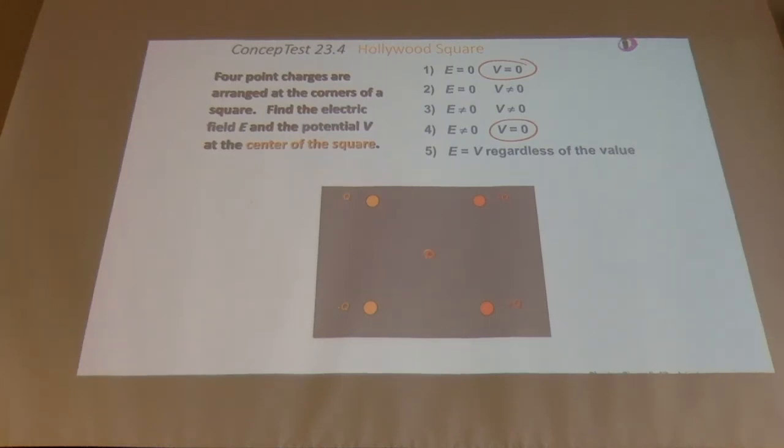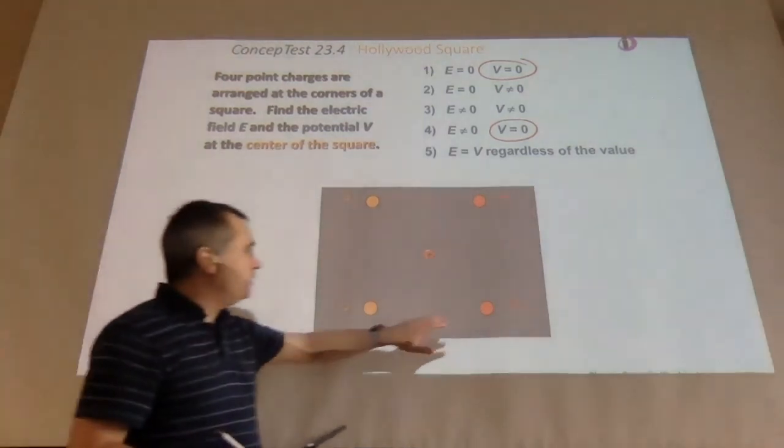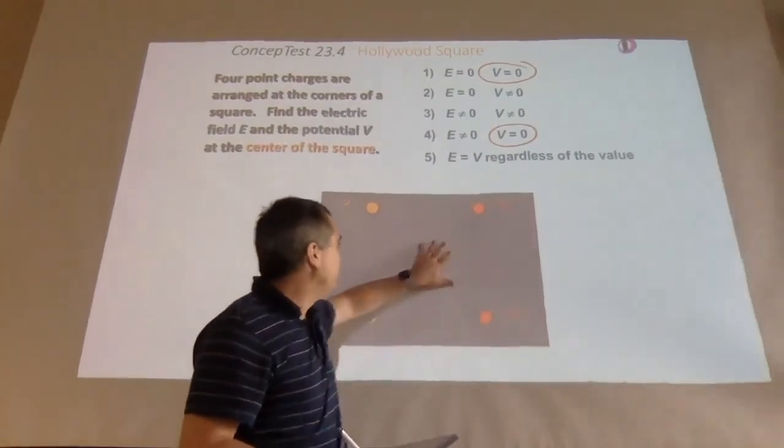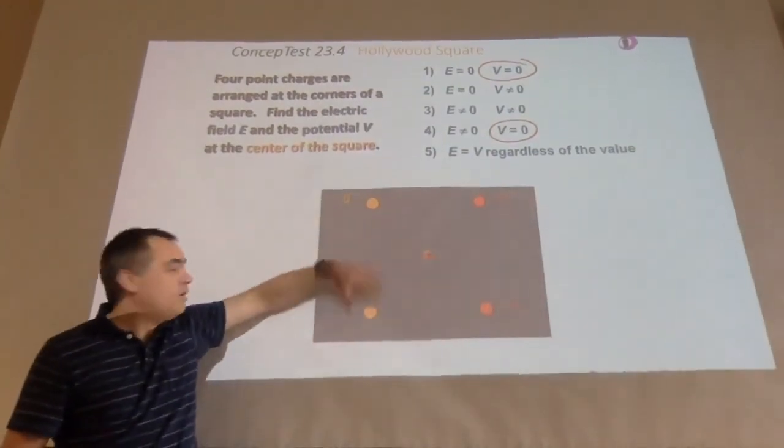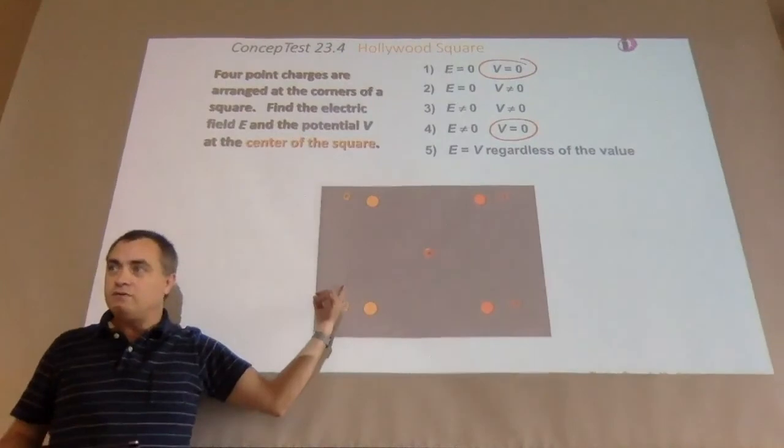But what about the electric field? Imagine what would happen if I drop a positive charge at that point. Will it feel a force or will it not? Sure seems like it might feel a force, right? You can imagine it's going to be repelled by both of these, and it's going to be drawn to both of those, right?